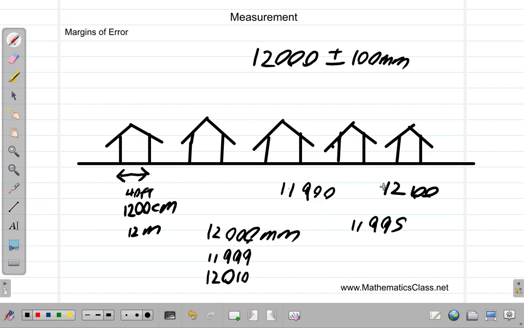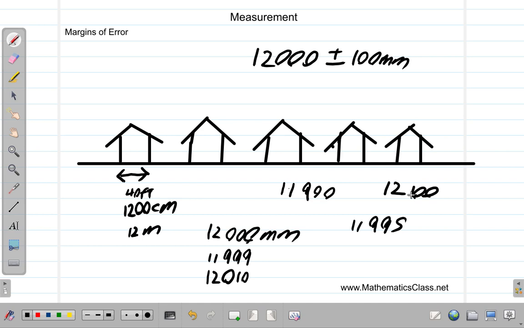At the same time, if you see any wall that is more than 12,100 millimeters, it is too wide. You must leave it at the manufacturer's plant. Don't take it to the site. Some correction must be made. But if it is between 11,900 and 12,100 millimeters, then you take it to the site.